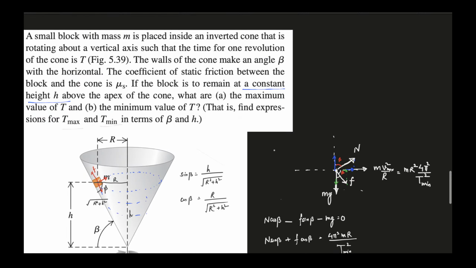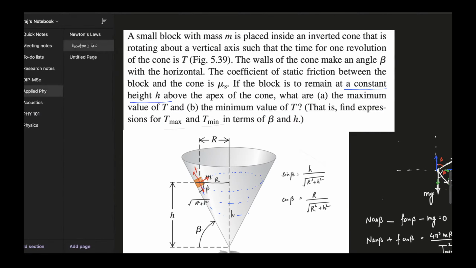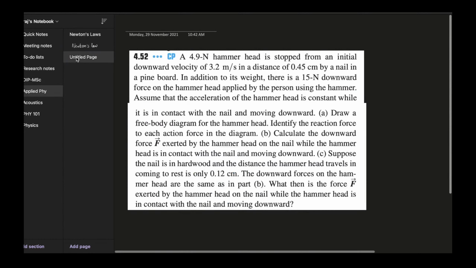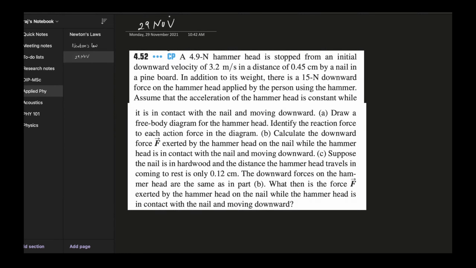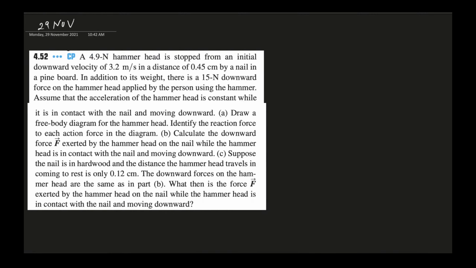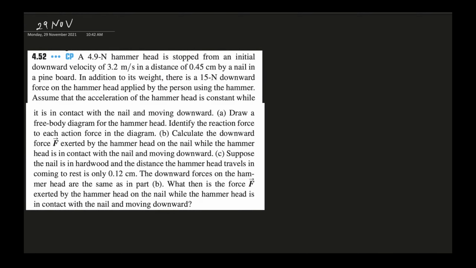So rather we should look at some different kind of problem. I have picked up one more. It's right on the screen here. 4.9 N hammerhead is stopped from an initial downward velocity of 3.2 meter per second in a distance of 0.45 centimeter by a nail in a pine board.